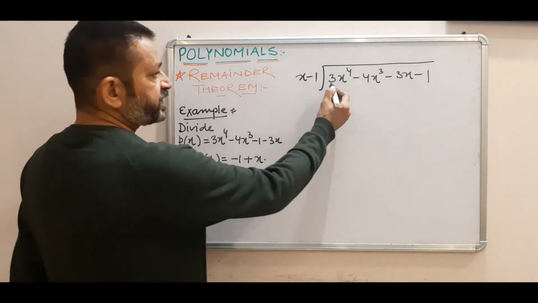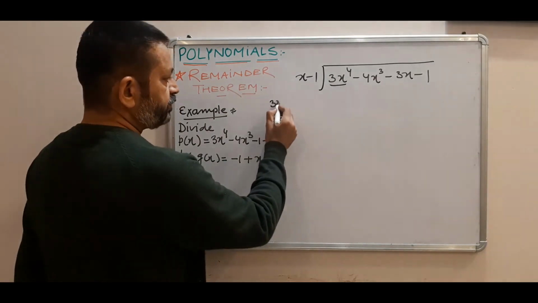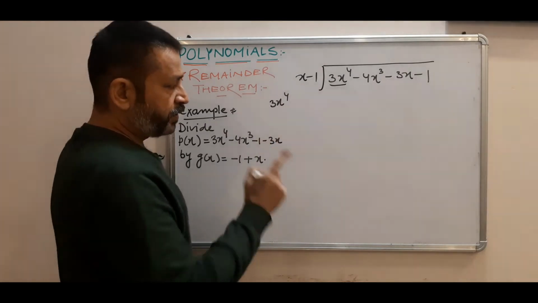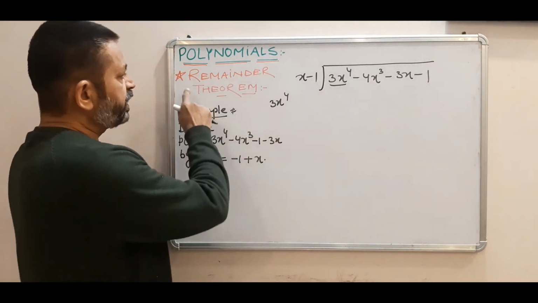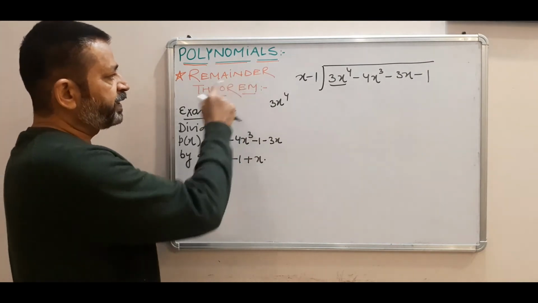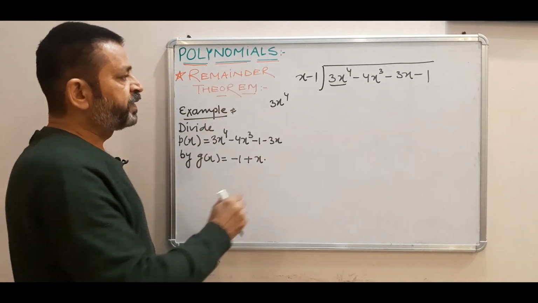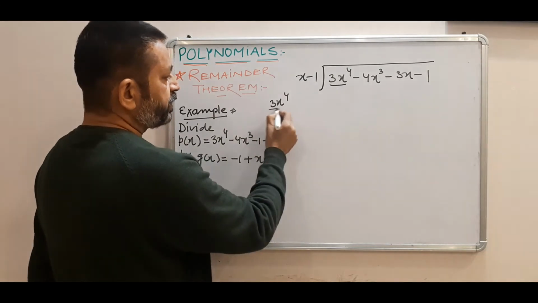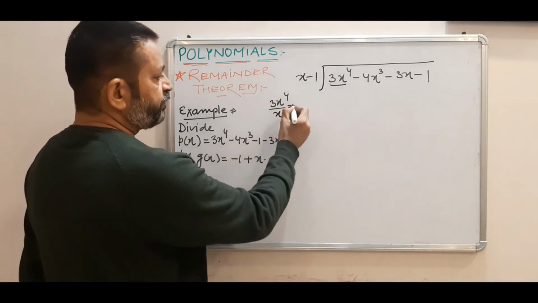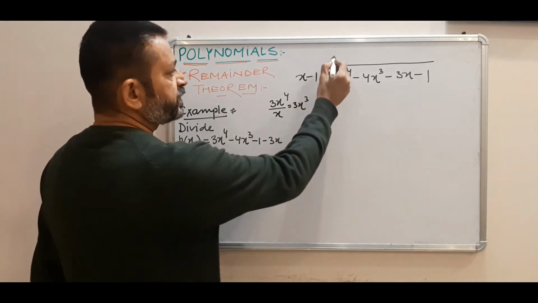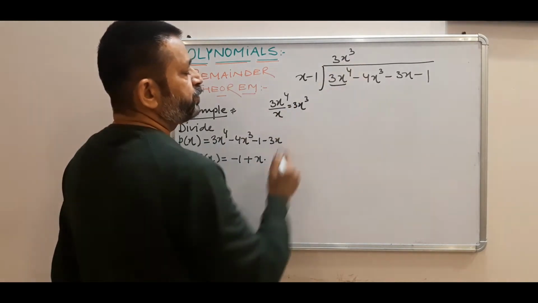Now we have arranged in descending order of exponents. Here the first term is 3x^4. Why am I doing all these examples? Because these results will be required to prove or explain this remainder theorem. So 3x^4 divided by the first term of the divisor, x, will give you 3x cube.